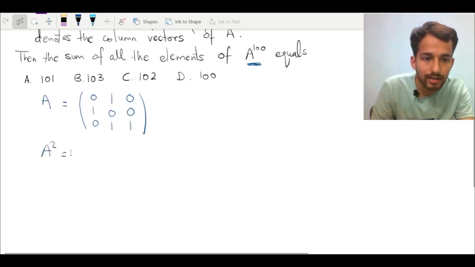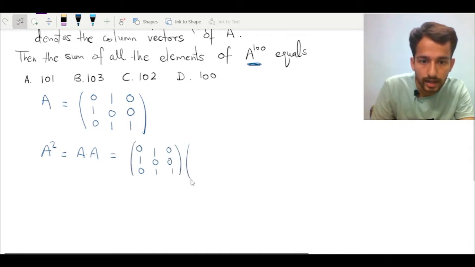A square will be the same as A times A, and it is 0, 1, 0, 1, 0, 1, 0, 0, 1. So this is our A, and I have to multiply it with itself.